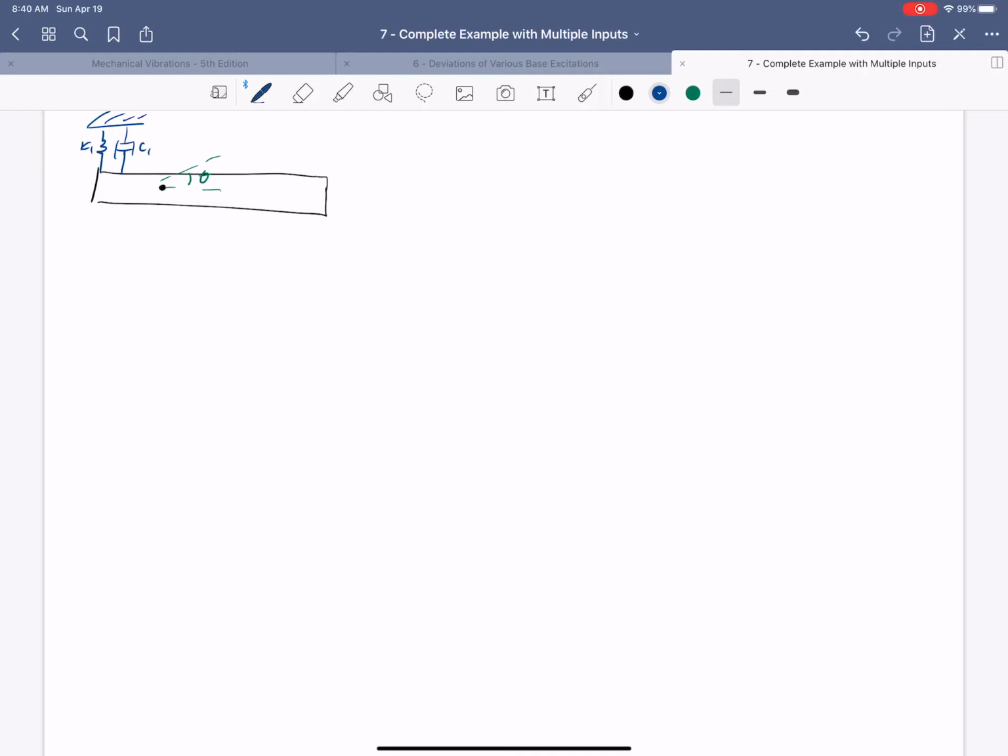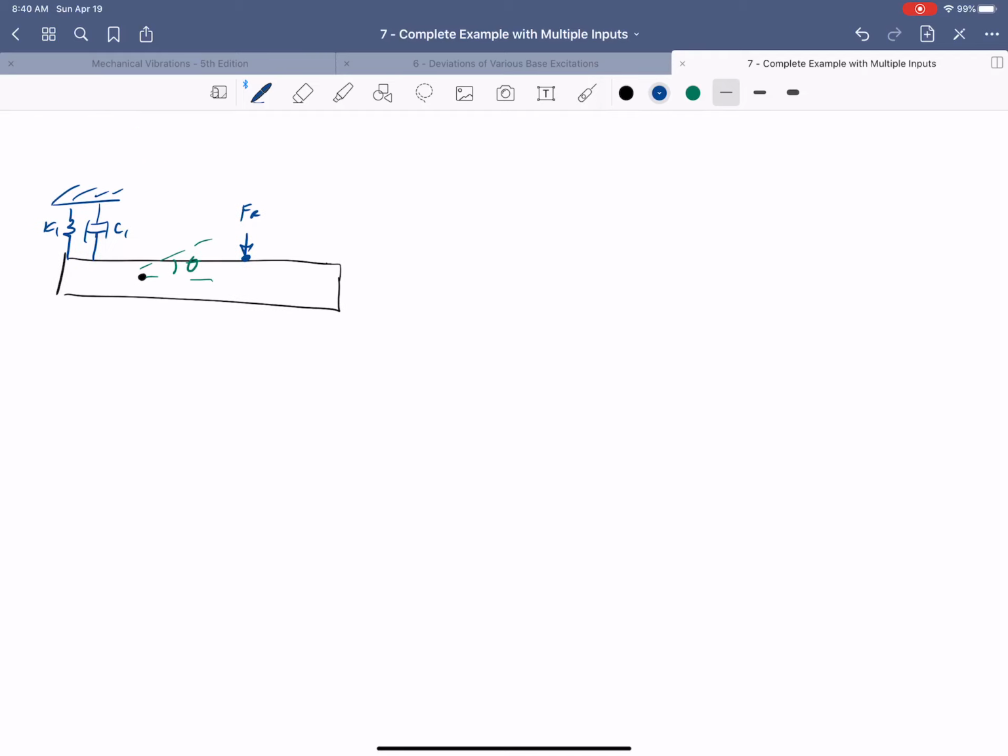And let's put a rotating load F_R due to some unbalanced mass M, operating at a distance E, the eccentricity, at a driving frequency of omega.